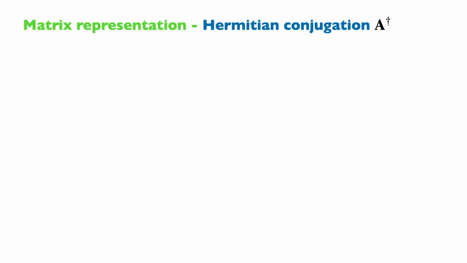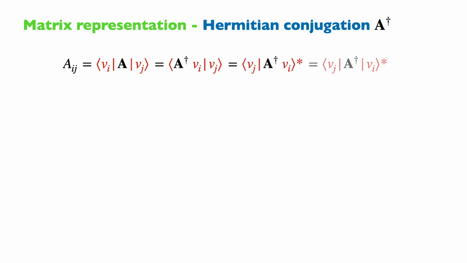Next, we ask, what is the matrix representation of A dagger? First, start with the matrix Aij, which is equal to the bracket of operator A with respect to Vi and Vj. By the definition of operator Hermitian conjugation, A can be moved to the bra side by putting in a dagger. Then by the sesquilinear property of the inner product, the bracket could be flipped with a complex conjugation.